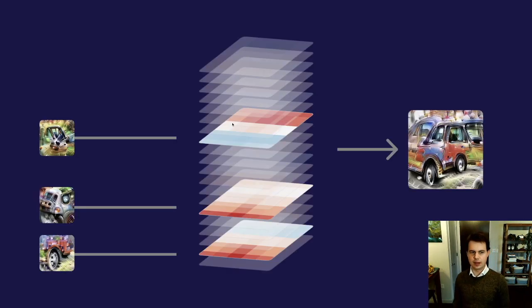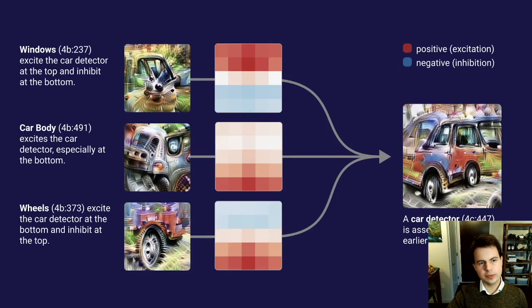We'll look at the largest three. It turns out that the largest three connections are to a window detector, to a car body detector, and to a wheel detector. Okay, so that seems really promising. Just that alone, that the strongest connections are to features that we would expect to be constituents of a car.